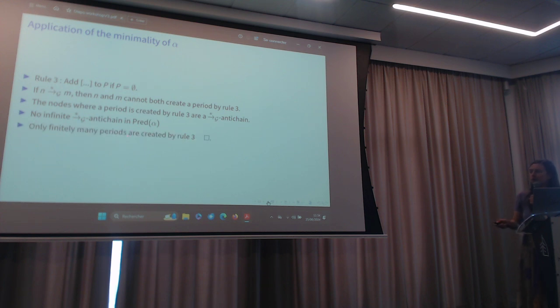So in other words, only finitely many periods are created by rule 3 and can be inherited by the branch alpha. There is a similar reasoning for rule 2 and rule 4, and so it means that just by choosing the branch carefully, we avoid the creation of infinitely many periods by the easy rules. And now we need to prove that rule 1 doesn't create infinitely many periods, which was really the most difficult part of the proof.